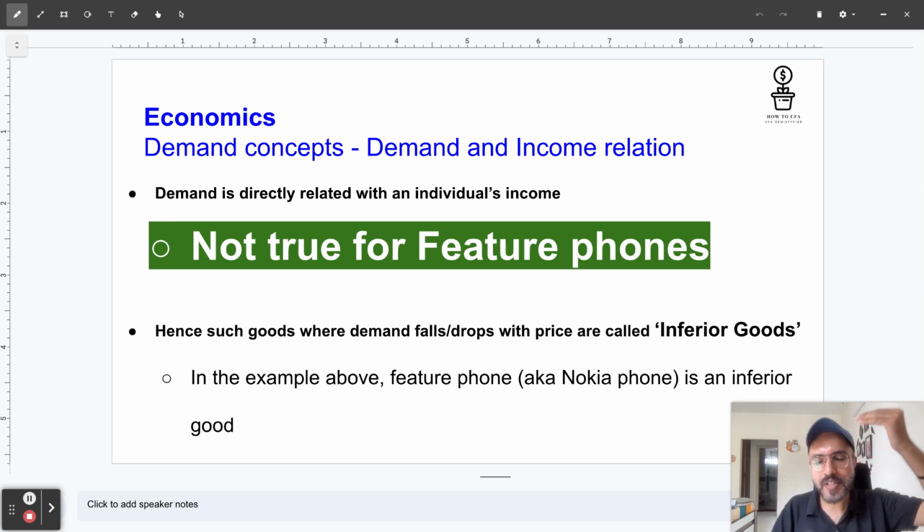With your income increasing, your demand for feature phones will keep going down, and hence such goods are called inferior goods.